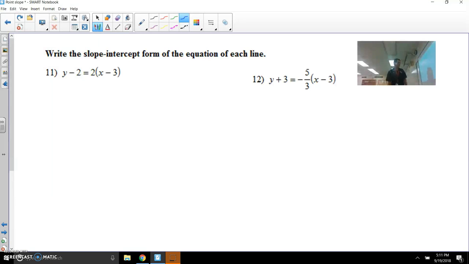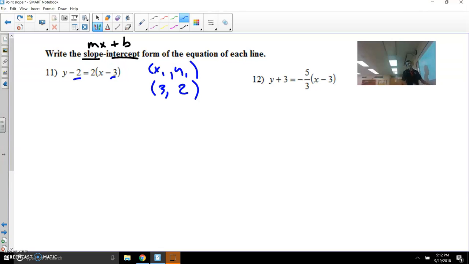Write the slope-intercept form of the equation of each line. Slope-intercept is mx plus b, because slope is m and intercept is b. They've already given you the equation in point-slope form. A few things you'll need to know for the first test is how to identify x1 and y1 from the equation. x1 is the 3 that's here. y1 is the 2 that's right there.